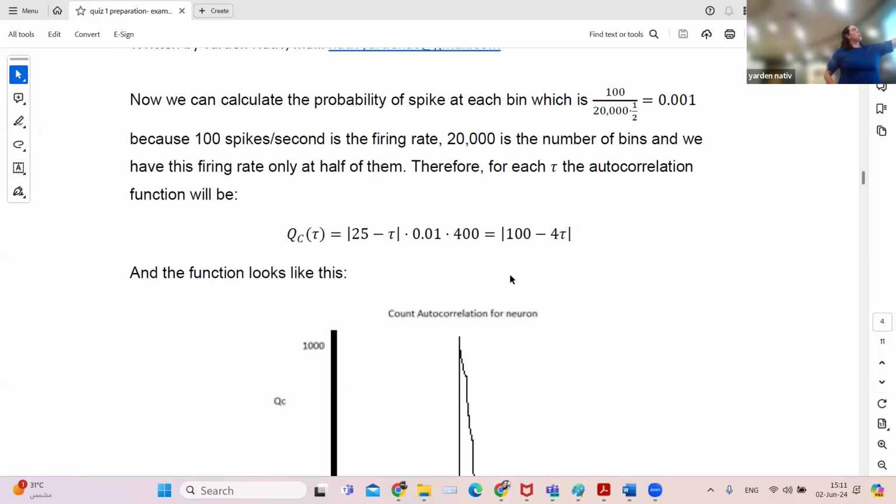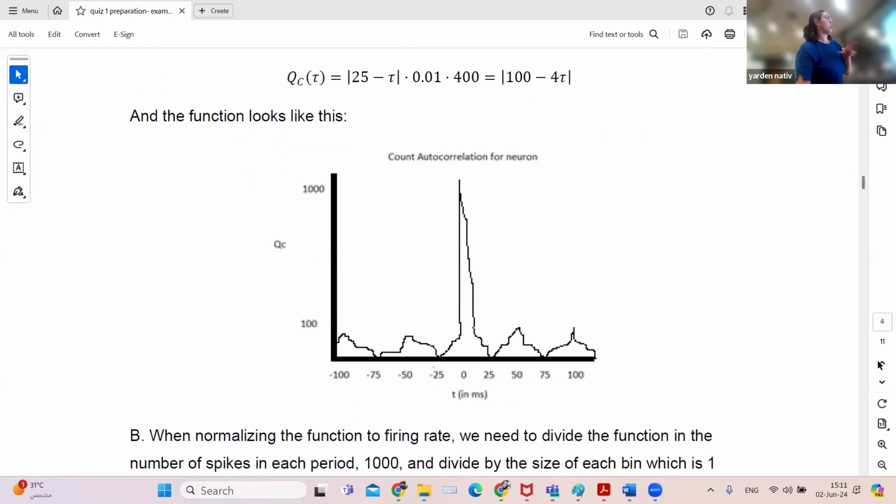This 1,000 is the number of bins, and we have firing only in half of them. Therefore, for each tau, the autocorrelation function will be 25 minus tau multiplied by 0.01 multiplied by 400. So the autocorrelation should look like this. I'm sorry, I just drew it by hand, so it really looks bad.